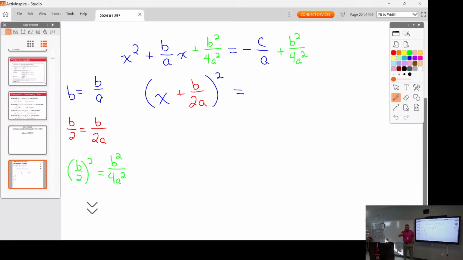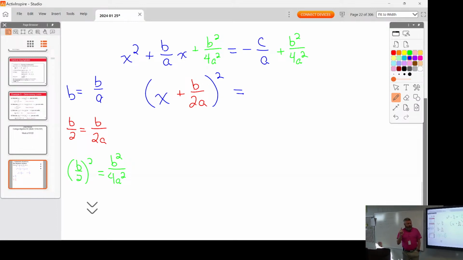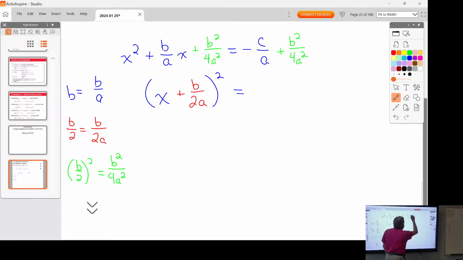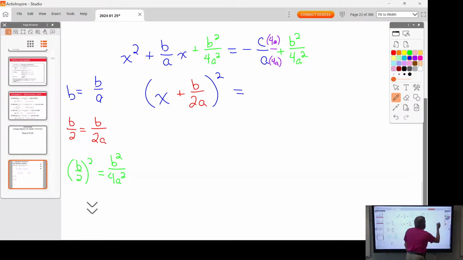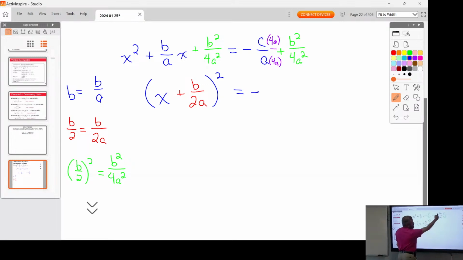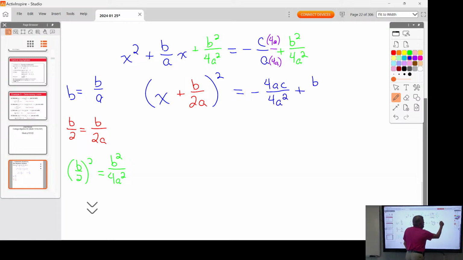But if I multiply the bottom by 4a, because I'm just multiplying by 1, right? So if I took that guy and I multiplied it by 4a over 4a, that would give me the top. I have c times 4a, 4ac, and the bottom I would have 4a squared. Now I'm going to write this plus b squared over 4a squared.